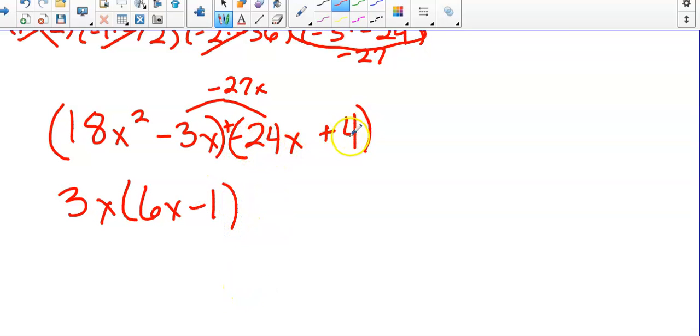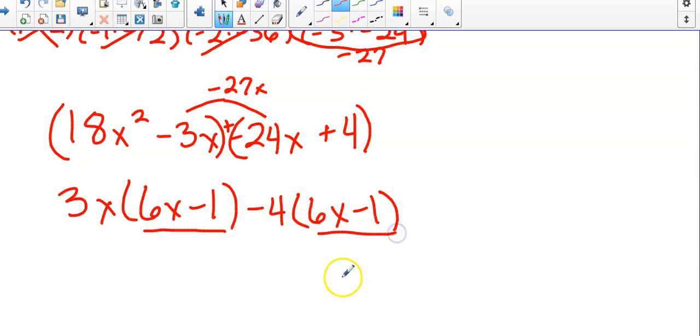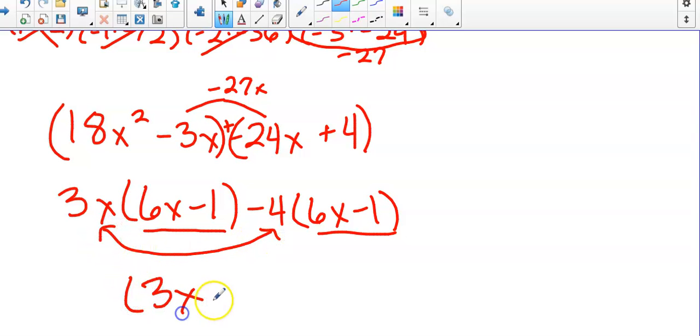And then the common factor for these would be negative 4. I'm trying to get rid of this negative right here. And then that gives me 6x minus 1. We should get the same thing right here. So I'm going to now group these 2 together, 3x minus 4 and 6x minus 1.